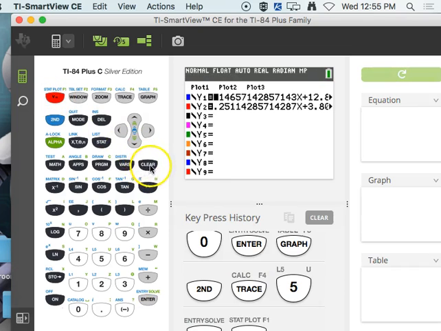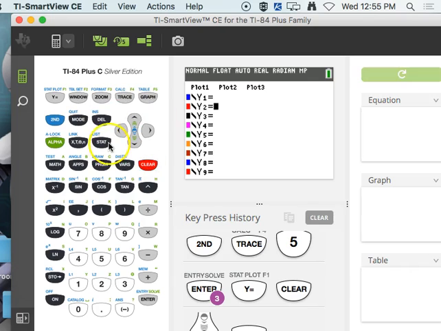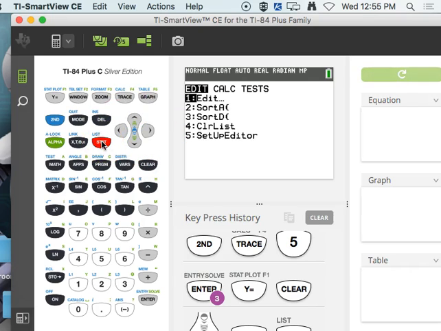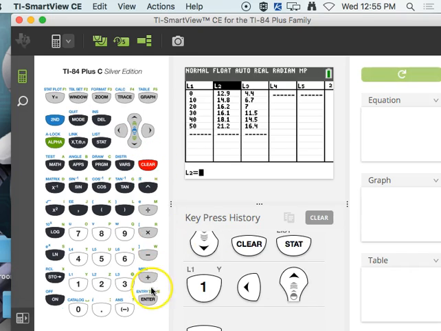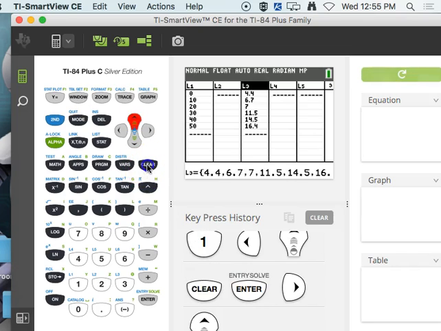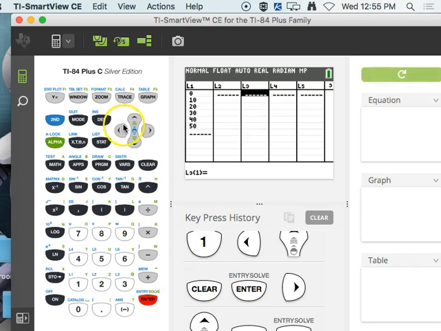But I'm going to clear out these two graphs that I just did and get back into stats, edit, and I have to replace list 2 and list 3 with the new numbers from San Diego and Detroit. So I'm going to arrow back to list 2, up, clear, enter, list 3, up, clear, and enter.